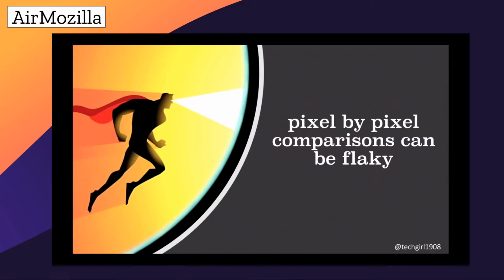Now, this isn't a totally new approach. Visual testing has been around for a while, but the technique that we were using in the industry before is not great for testing. So we would just compare the pictures pixel by pixel, right? And we come to realize that this is really flaky.